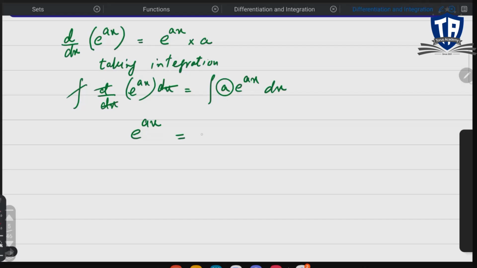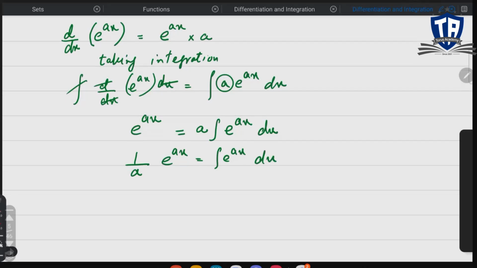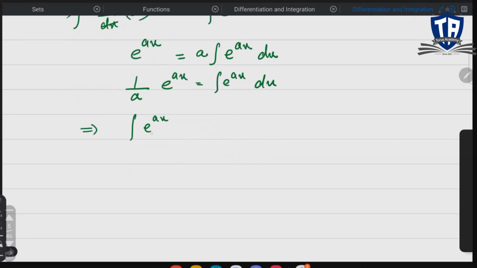According to the rule of integral, we can bring the coefficient outside of this exponential function, and in the next step, if I bring it on the other side, it will give us this step. It gives the idea that integral of any exponential function will be of the form e power ax divided by a. And for integration, we write a constant term.